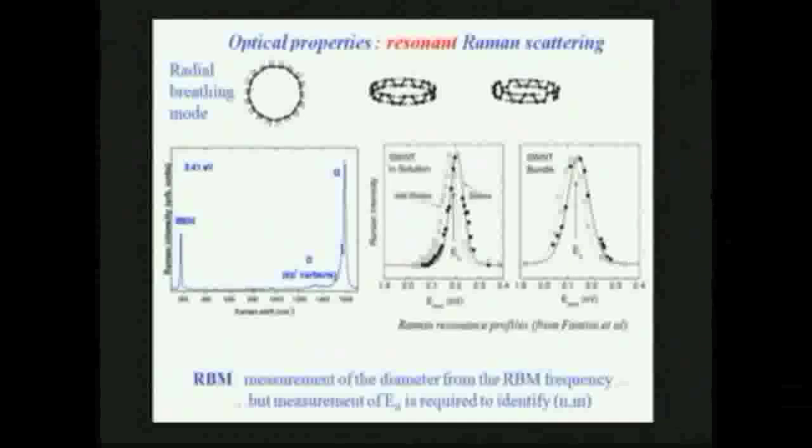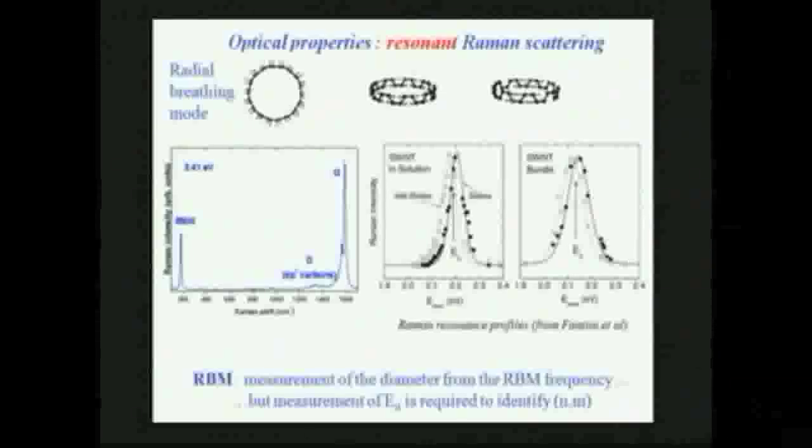So now, if you are able to calculate the diameter from the frequency of the radial breathing mode, and the resonance energy from the Raman resonance profile, you have two parameters which allow you to identify for sure the (n,m) nanotube that you have in your sample.